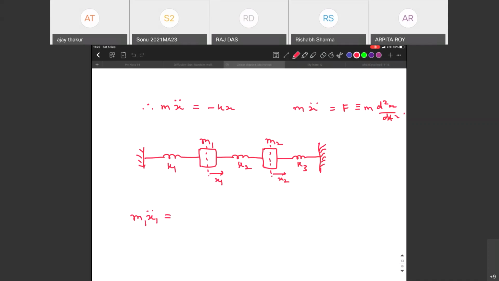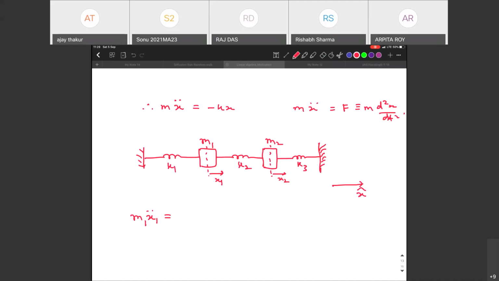So what is really happening to spring k1? If we are putting this as the x direction, let's mark that x cap direction properly. So let's consider this is the unit vector along the x direction. If we are taking the positive x cap direction, then k1 is being pulled, and therefore it will have a restoring force which will act along the minus x cap direction.